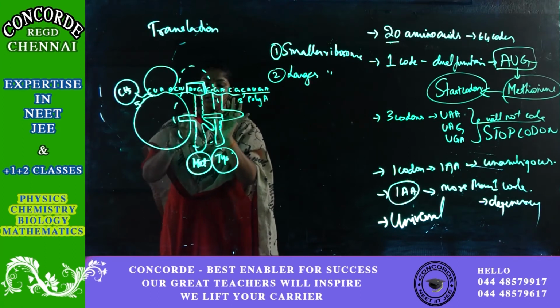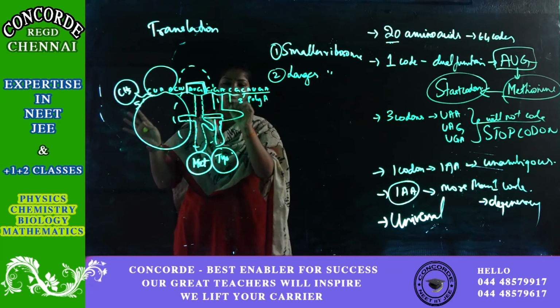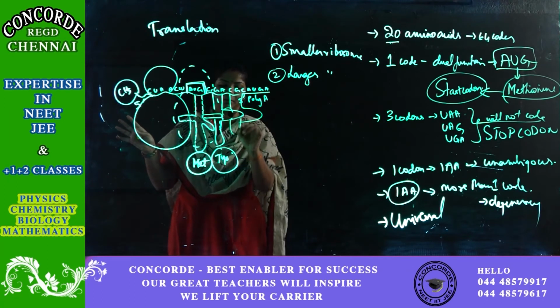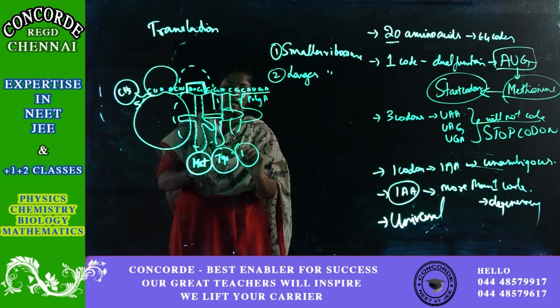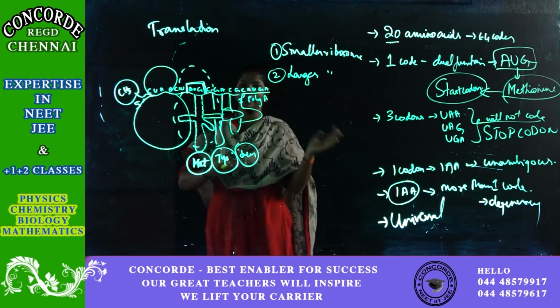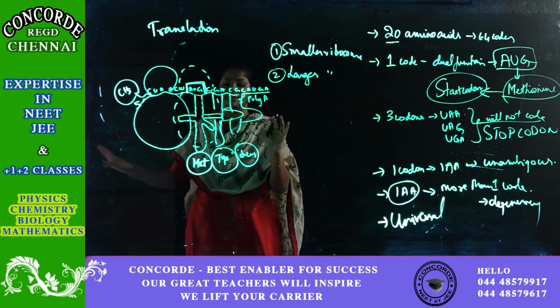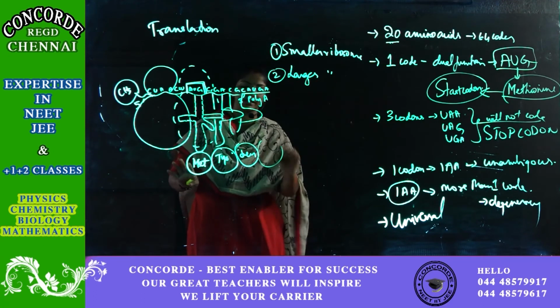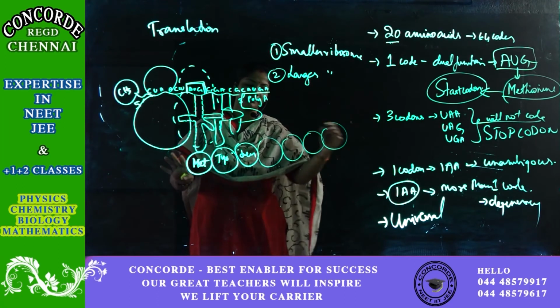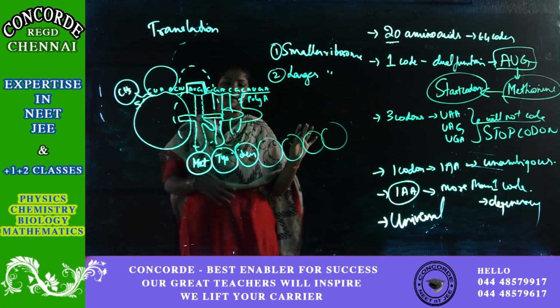Now for the next code, one more tRNA will come and add on the amino acid, and this will go out. Once one tRNA comes to the site, the former one leaves. The chain goes on forming like this. So this is the chain of amino acids.